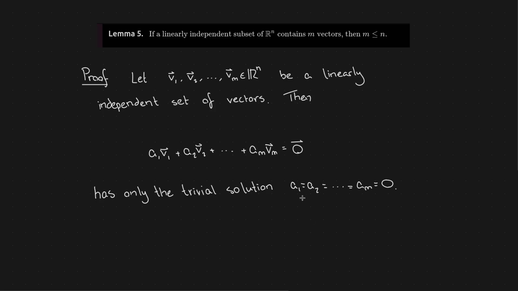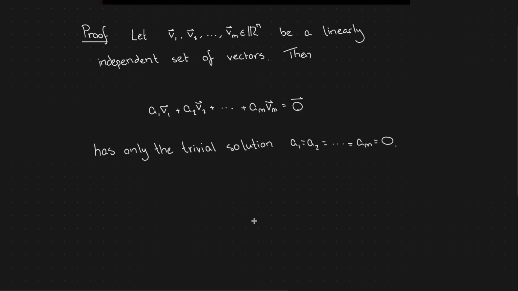Okay? What I want to do is think about the coefficient matrix. We've learned that a linear combination equation like this, we can solve by taking the augmented matrix and getting it into reduced row echelon form.